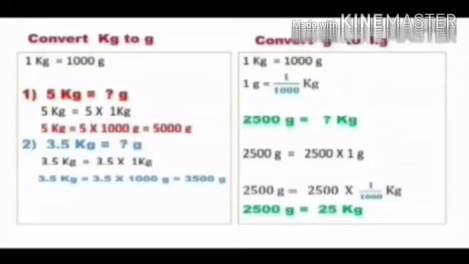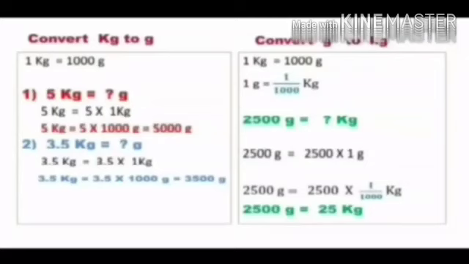Now we convert gram to kilogram. We know 1 kilogram equals 1000 gram. So, 1 kilogram over 1000 equals 1 gram. Here we have the question, convert 2500 gram to kilogram. We can write 2500 gram as 2500 times 1 gram.